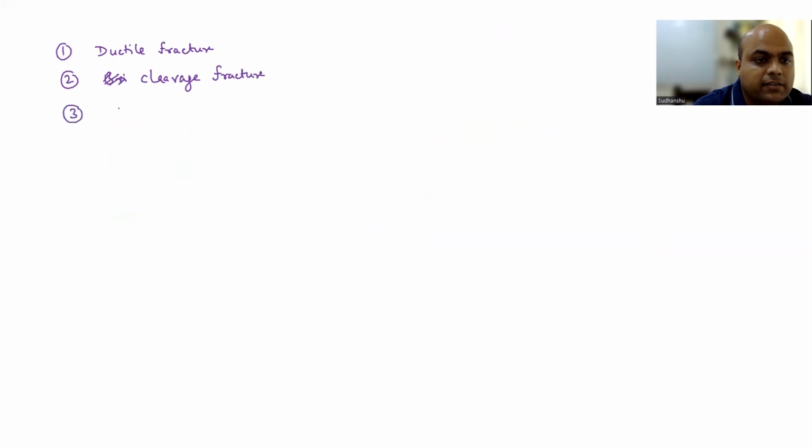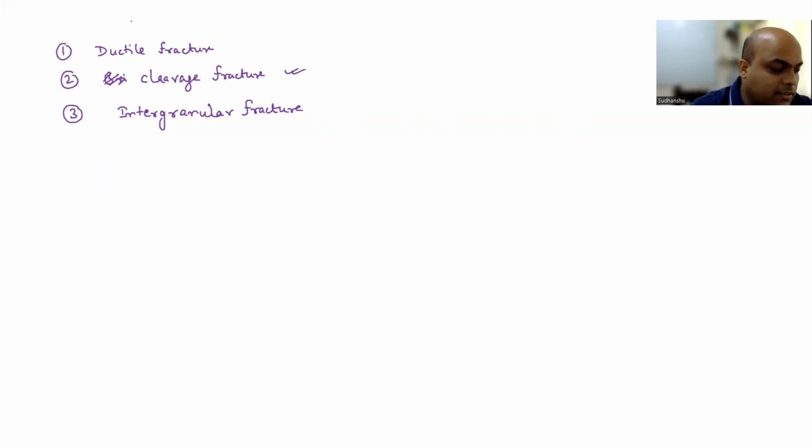And third one is intergranular fracture. See, when I say brittle failure, it can be cleavage, it can be intergranular also. Okay, so cleavage is completely different, although it will be part of the brittle one.